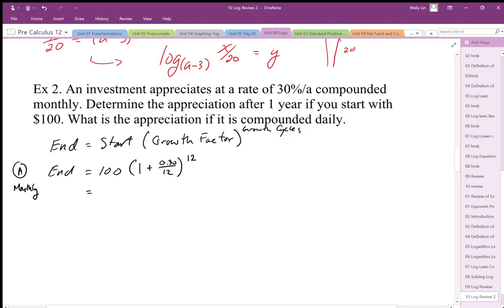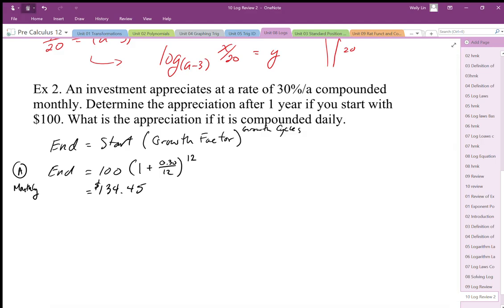I'm going to get $134.40, and I'm going to round that to 45 cents. So my appreciation for this 30% per year, well, I get an extra $4.45 for compounding it monthly instead of compounding it at the end of 1 year. Okay, so if I just compounded it once, I'd only get $30 on the 100 that I started with.